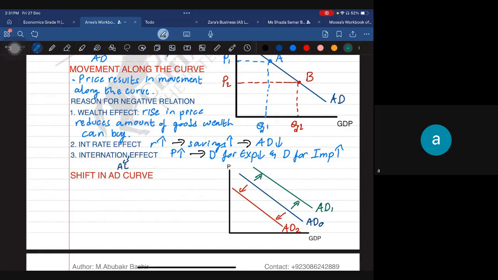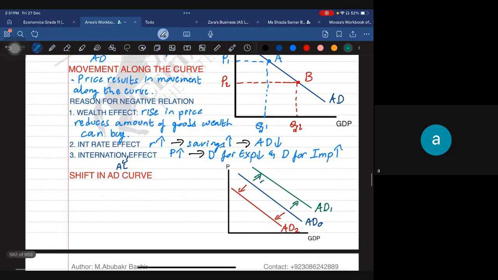The reason is not price, it's non-price factors.